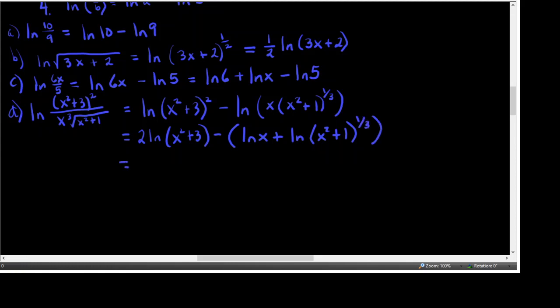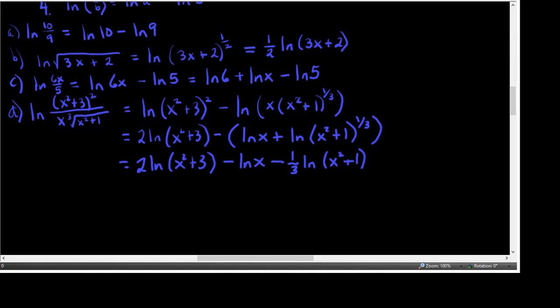Okay, so the very first term is done, so I'm just rewriting that part of it. Just carry that along. Now I'm going to distribute the negative, and I'm going to go ahead and use that natural logarithm of a power rule to bring that 1/3 down in front. So I actually did two things here. Distribute the negative and bring the 1/3 down in front. And there you go. That is the expanded form of that original logarithm.